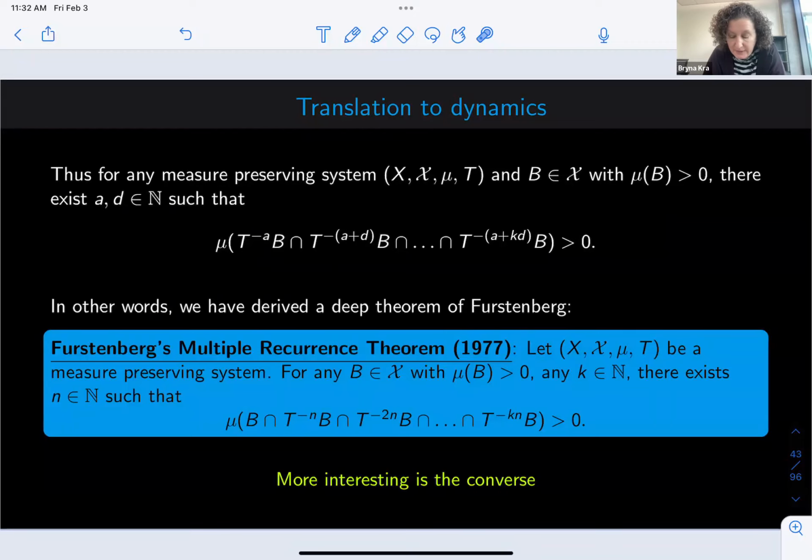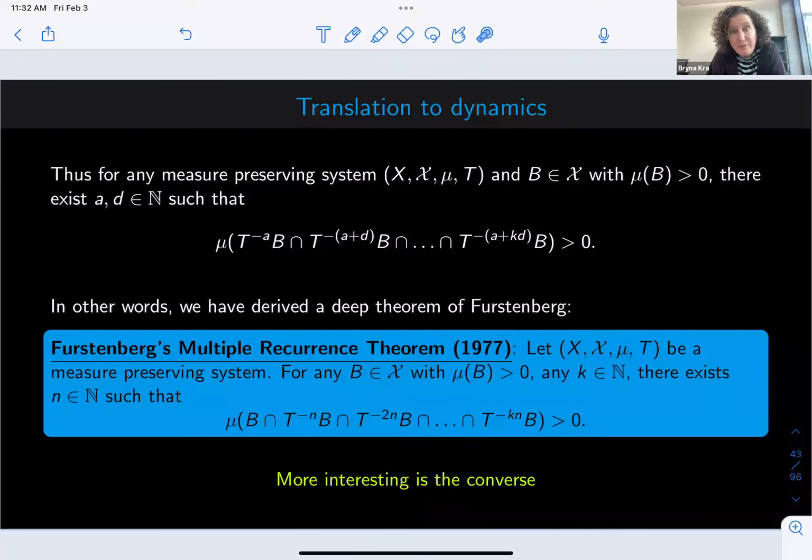To state it really clearly, start off with a measure preserving system, so T is measurable and measure preserving. If you take any set with positive measure, that's this B, and any length that you're looking for, you can find iterates such that when you iterate along that, you find an arithmetic progression of length K. In fact, I've written one down as a length K plus 1 there.